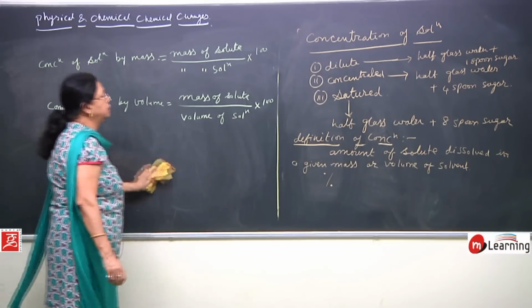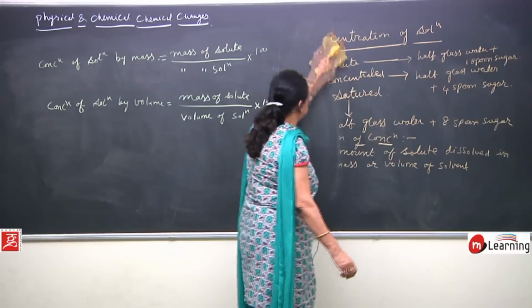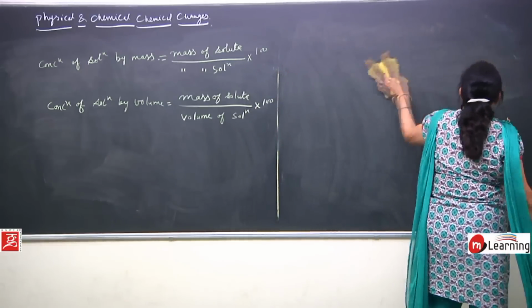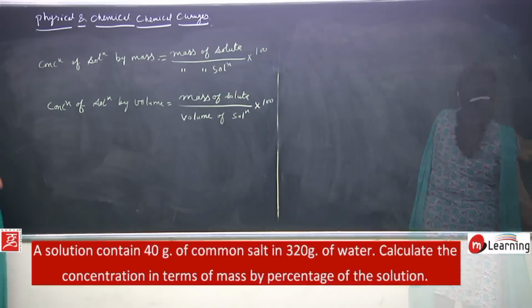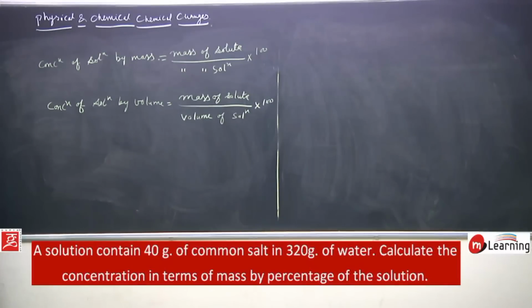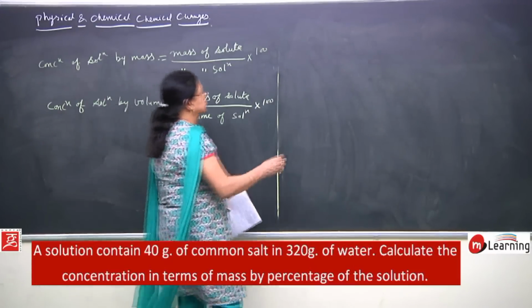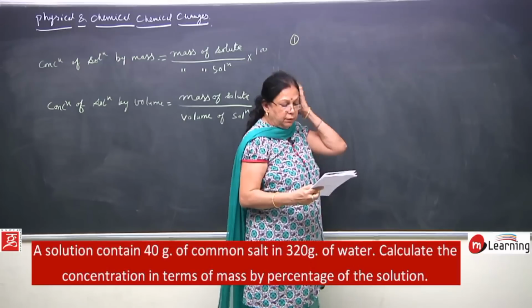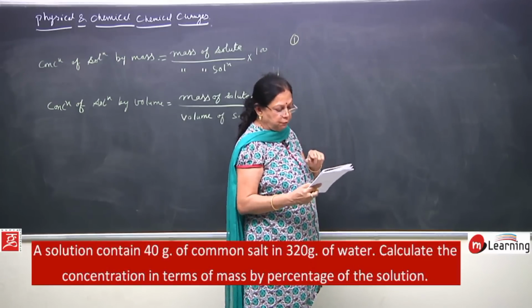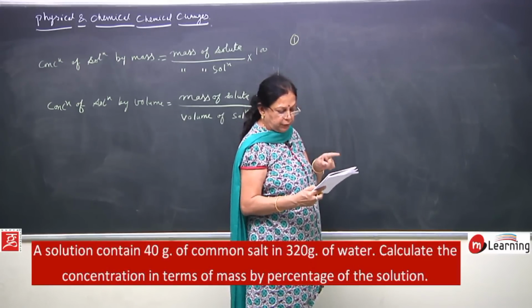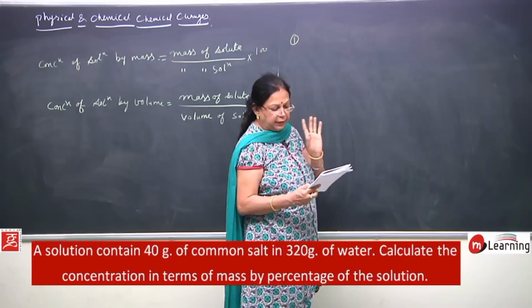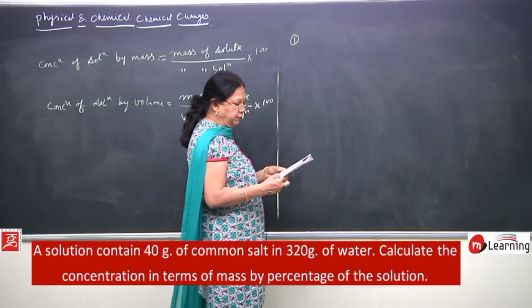Let us solve some problems or numericals on concentration of solution. Problem first in your study material, I am reading it out. A solution contains 40 grams of common salt in 320 grams of water. Calculate the concentration in terms of mass by mass percentage of the solution. Here what you have to calculate?